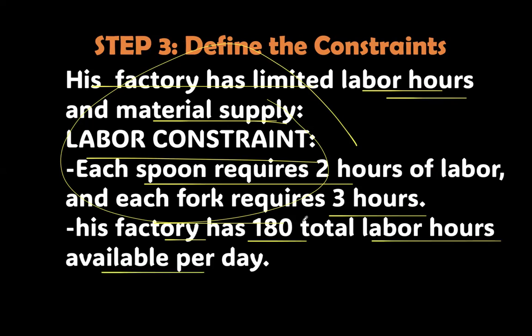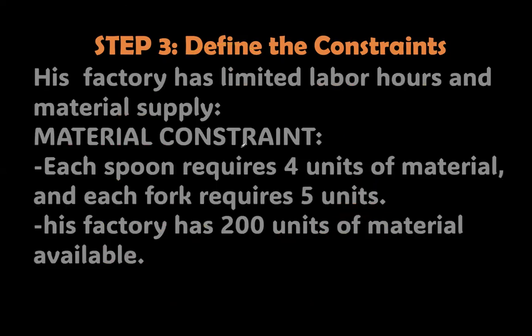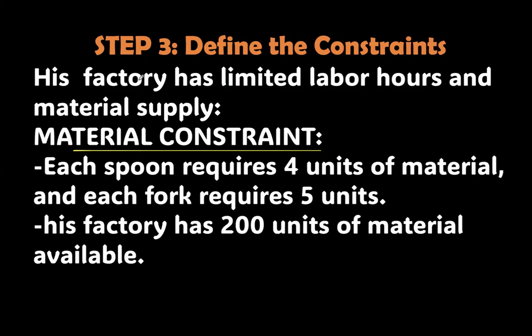So we can just put it like this: 2x1 plus 3x2 is less than or equal to 180. 180 is our maximum total labor hours available per day. That's how you will identify that. Afterwards, the material constraint will be the same thing.